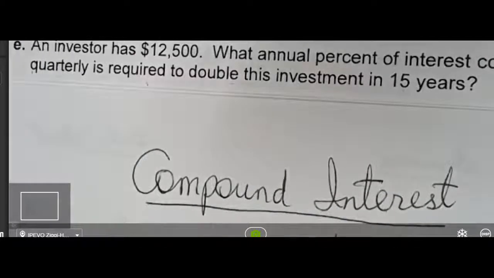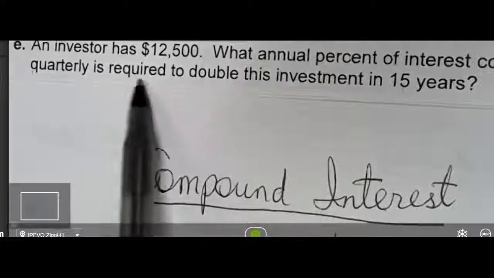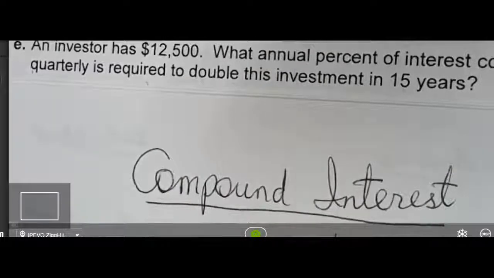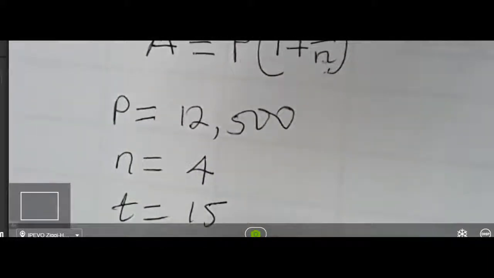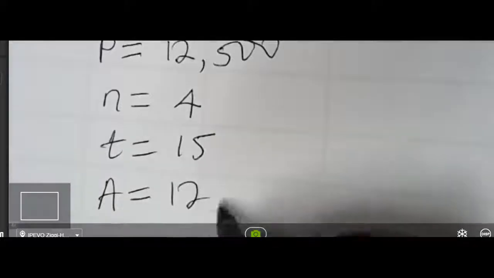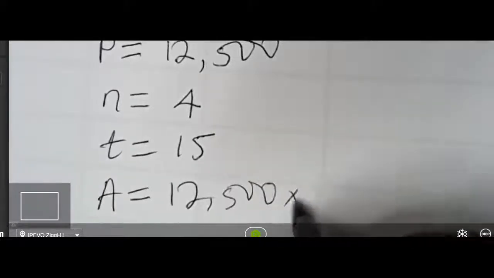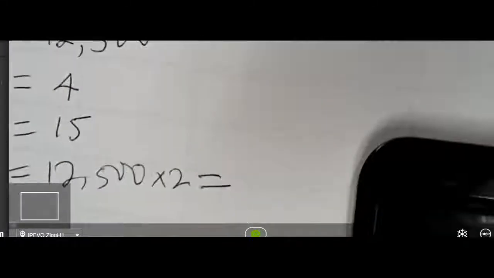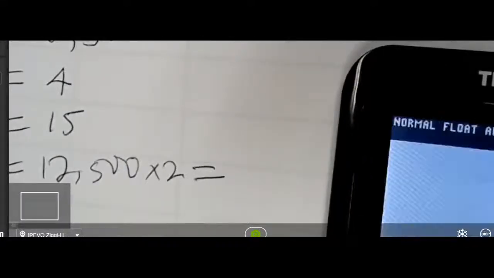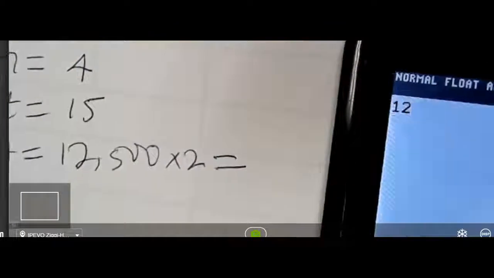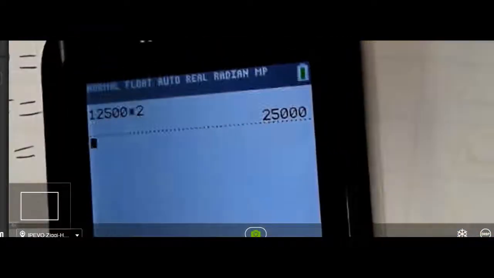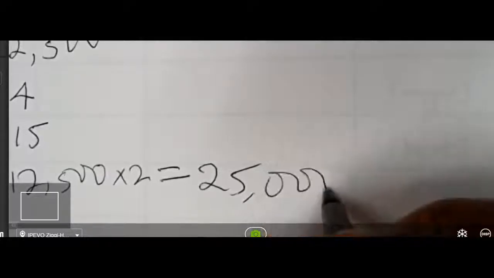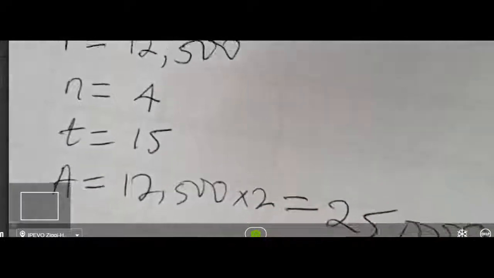So the time is 15, and for the doubling, our A is going to be the principal times 2. We double it, so that's 12,500 times 2, which is 25,000.